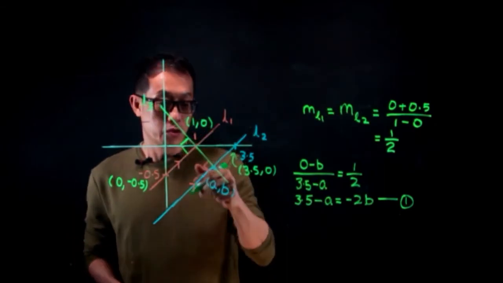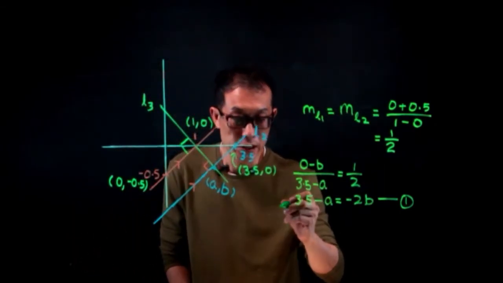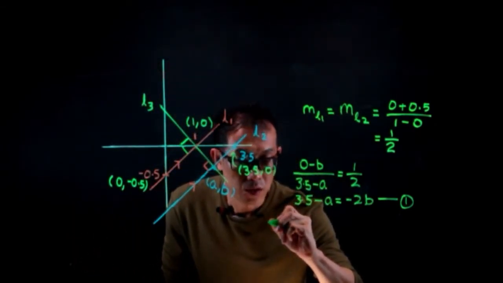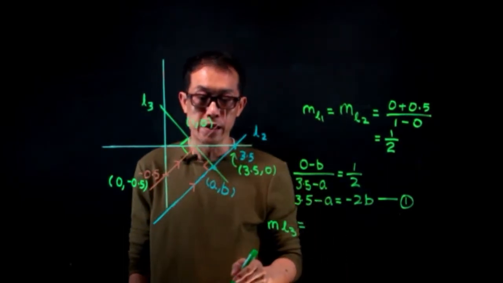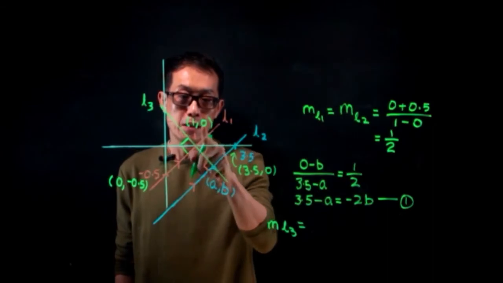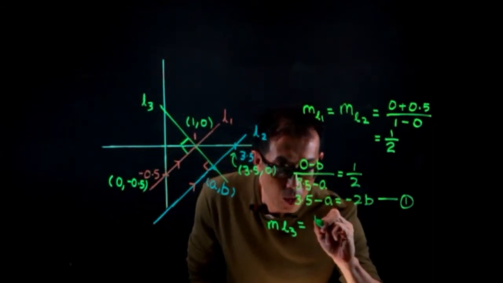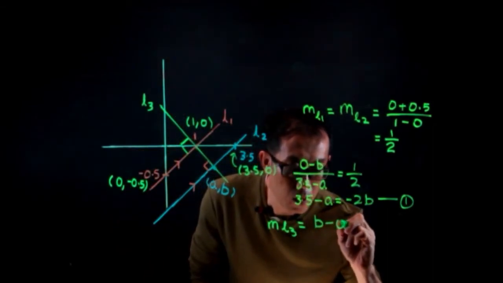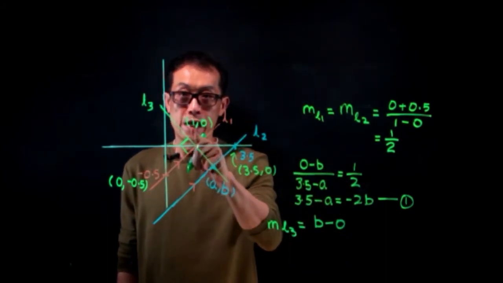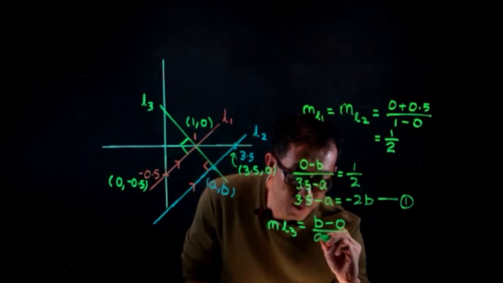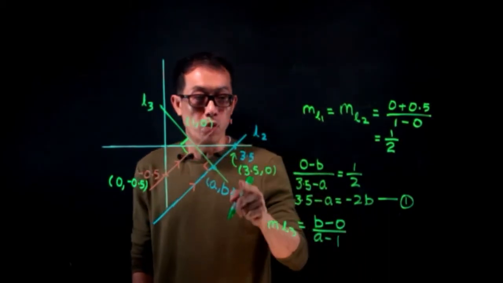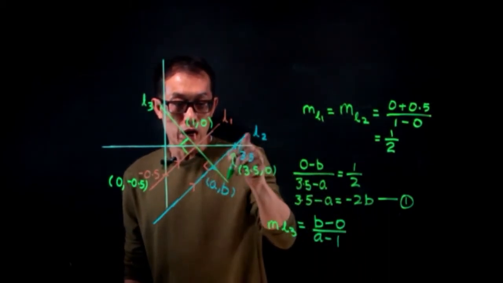So gradient of L3, M L3, will be equal to b minus 0 over a minus 1. Now, what is the gradient of L1 and L2?